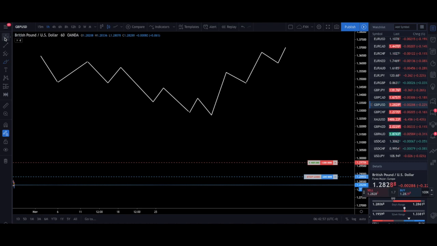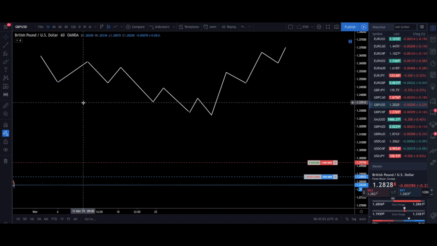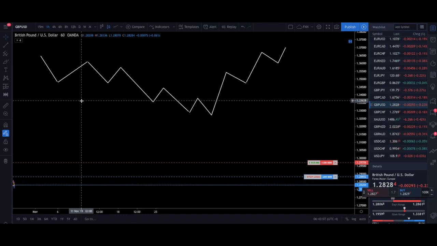All right, but essentially we know that we have 3 levels of rise or drop before we typically get a trend reversal to happen.